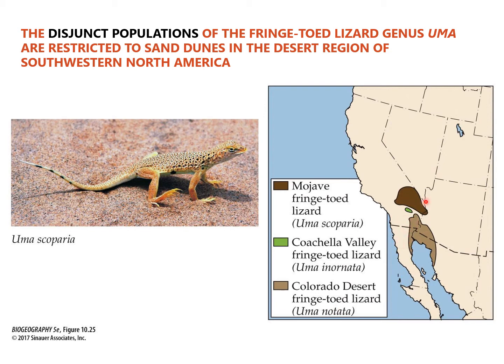And again, that's going back to this pattern where, with disjunct and even within provincialism, you see these highly related species that have either overlapping or adjacent geographic range.